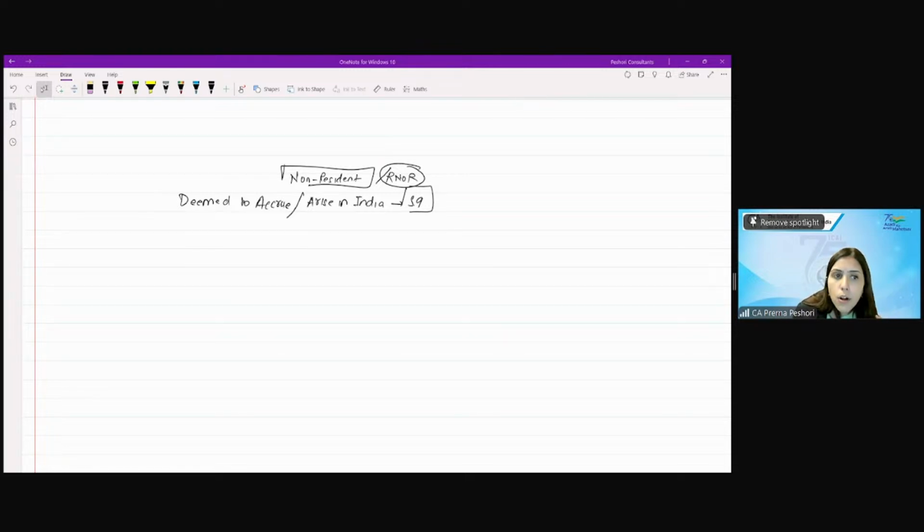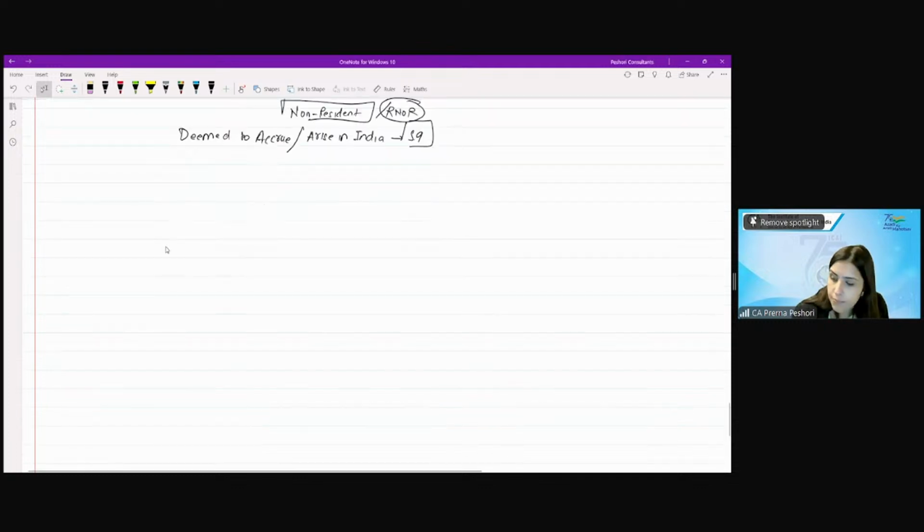So since we do not have any definition of when can we say that the income accrues or arises in India, we have the principles under section 9 which says that the following income shall be deemed to accrue or arise in India. So section 9(1)(i), first one, it says all income accruing or arising.